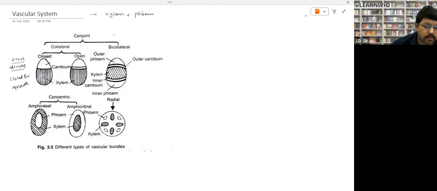Try to understand how it performs its function. If the vascular bundle is open, suppose this is a layer of cambium. Cambium is made up of meristematic tissue.